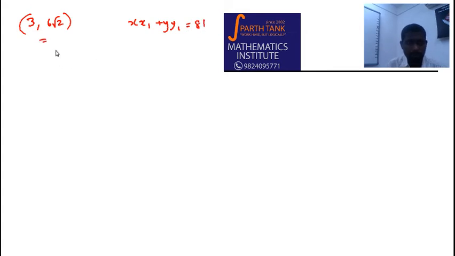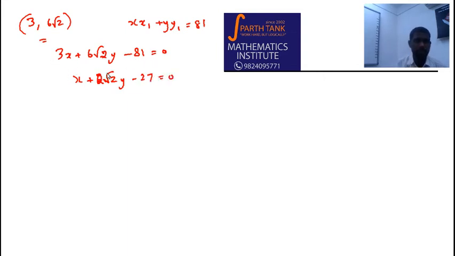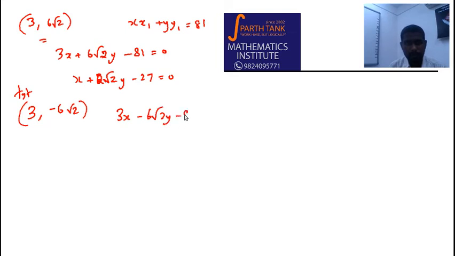Therefore, it will be 3x plus 6 root 2 y minus 81 is 0, or x plus 2 root 2 y minus 27 is 0. I'm just dividing it by 3. So the tangent at 3, minus 6 root 2 will be 3x minus 6 root 2 y minus 81 is 0, or x minus 2 root 2 y minus 27 is 0.